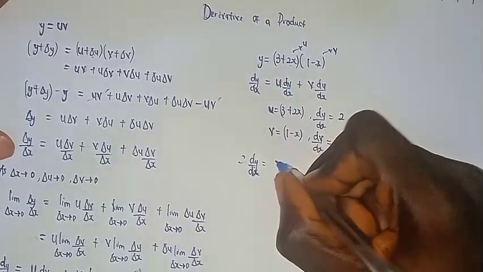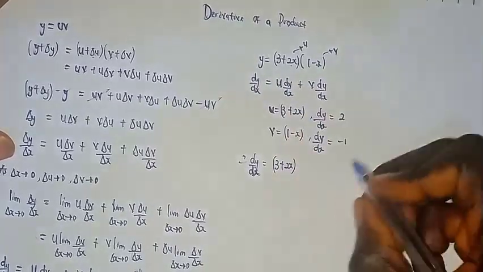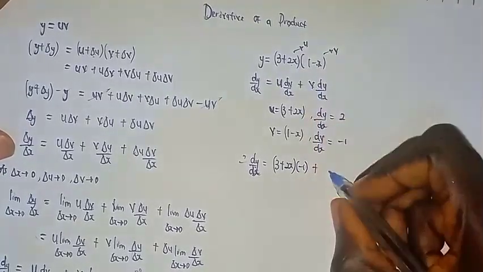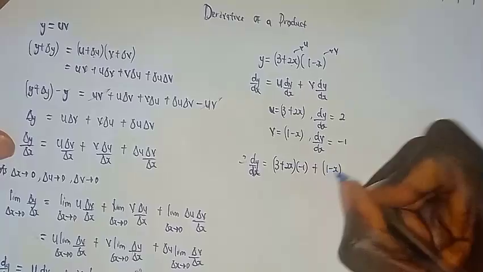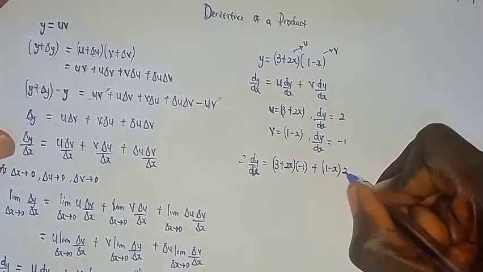So therefore dy over dx becomes u, which is 3 plus 2x multiplied by dv over dx, which is minus 1, plus our v, 1 minus x multiplied by du over dx, which is 2.